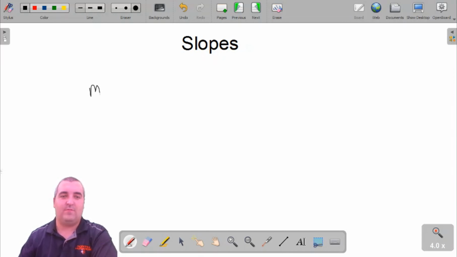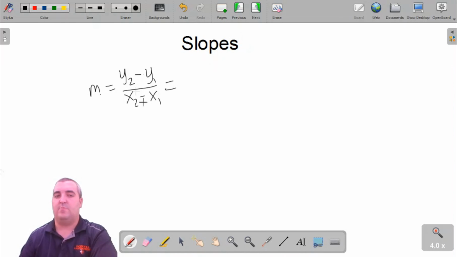So if we remember our slope formula, usually we represent slope with m, y2 minus y1 over x2 minus x1. That's one way of representing slope, right? The other way I like to think about it, instead of necessarily memorizing a formula, even though that is ingrained in my head, is this is the change in y.